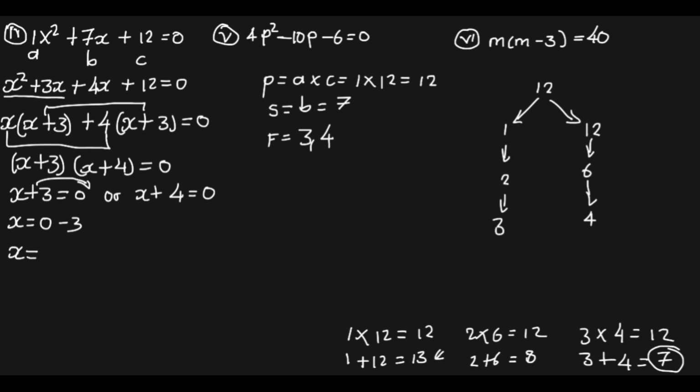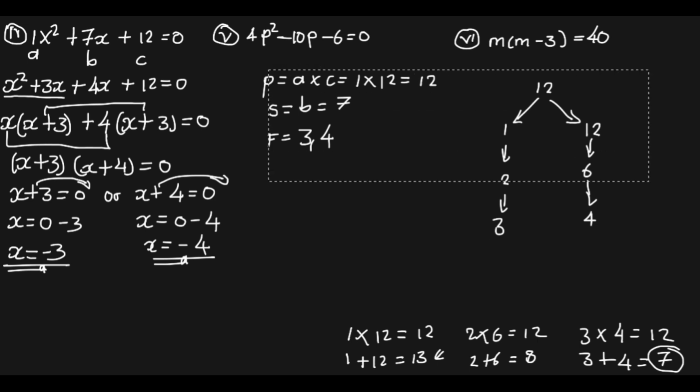So the first root here is x equals -3. Then we can also move our positive 4 to the other side, giving us 0 minus 4. x is equal to -4. So we've done the first part.